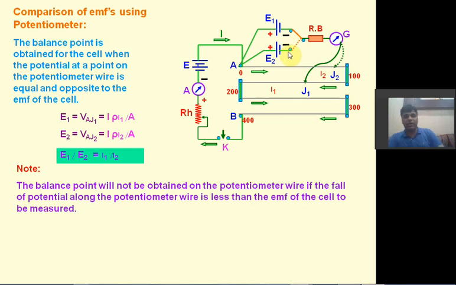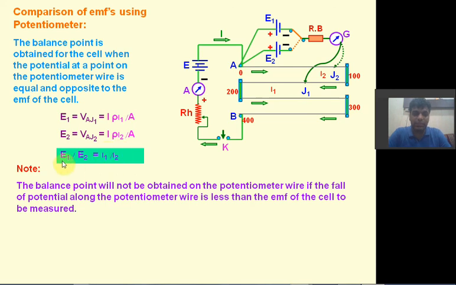So at this time we get E2, and the potential drop is across AJ2, where the length across AJ2 is L2. That means the potential drop is directly proportional to I rho L2 upon A. Now dividing these two equations, E1 by E2 equals L1 by L2. In this way we get the result.